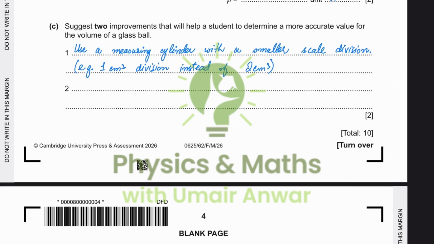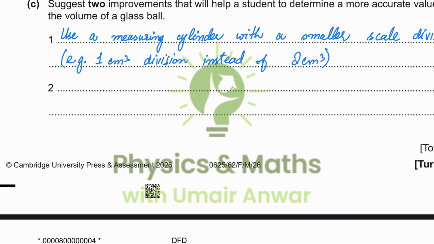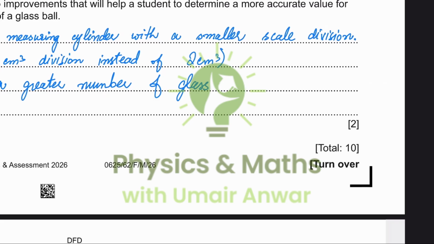The second technique that could be used here is, the student used 4 glass balls. So for further improvement and greater accuracy, we could use a greater number of glass balls, and this is again going to further improve the results.